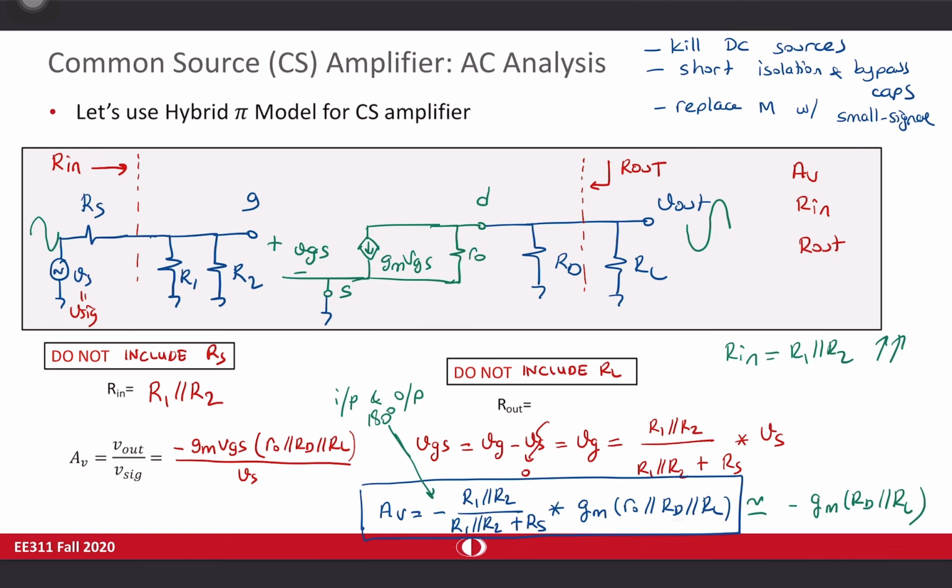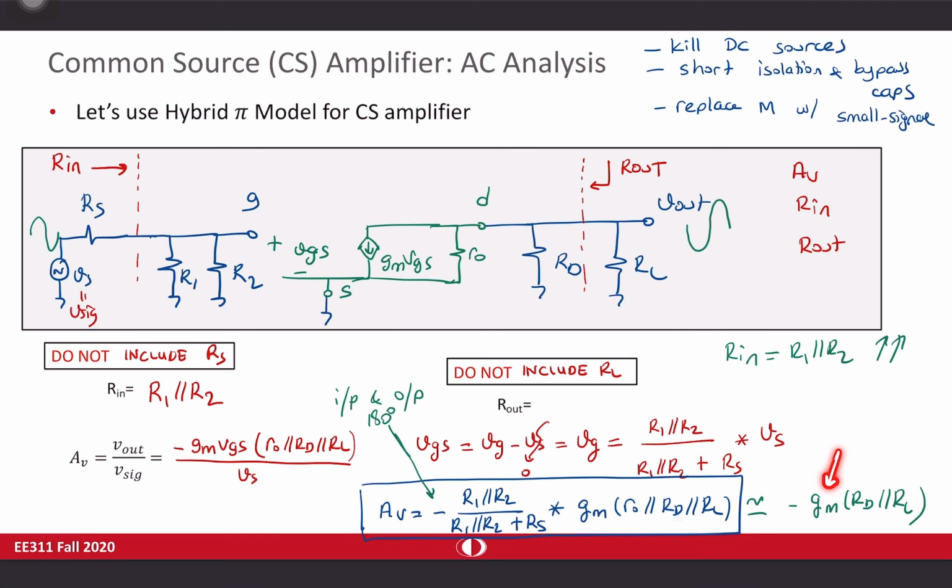if you choose input resistance very large, and if your transistor output resistance is much larger than the RD and RL values. So when you take a look at this expression, Gm is 2K NID, so you have to apply larger bias to have more gain.